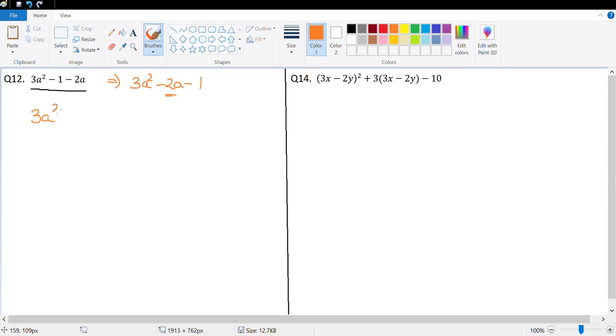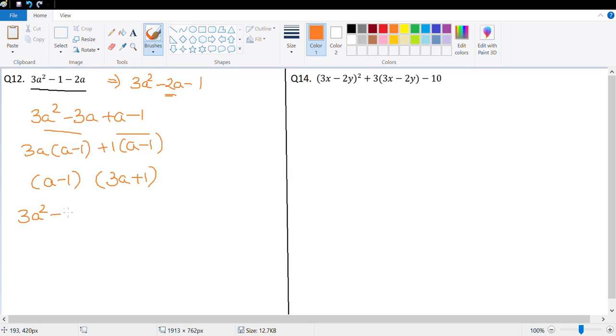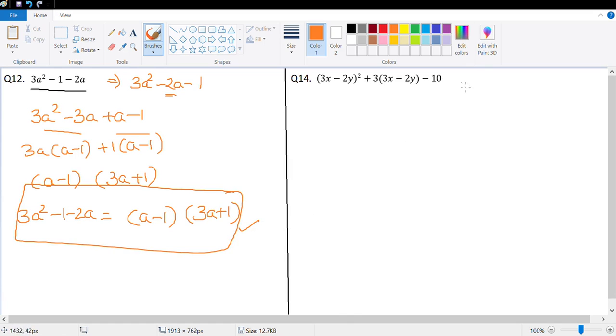So this is 3a square minus 3a plus a minus 1. That's 3a times a minus 1 plus 1 times a minus 1, which means a minus 1 times 3a plus 1. Exactly the same question. So final answer would be written in the form this is equal to a minus 1 times 3a plus 1. Done. Let's look at the next question.